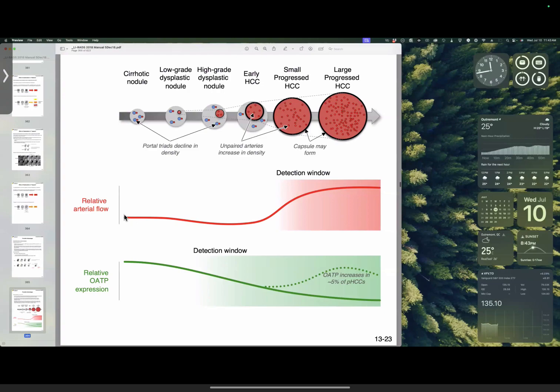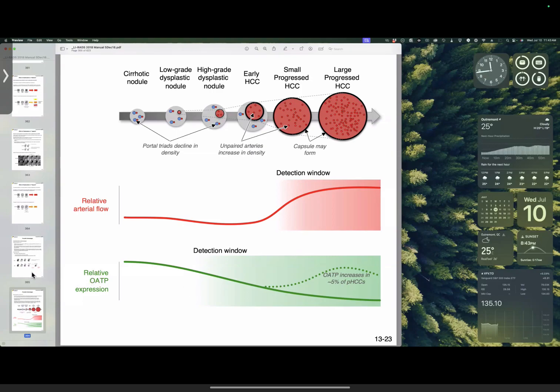You can see that the relative arterial flow increases with small progressed HCC and large progressed HCCs. So that's what we assess with extracellular agents. Whereas the relative expression of OATP decreases in early HCCs, which could potentially be detected with hepatobiliary agents.